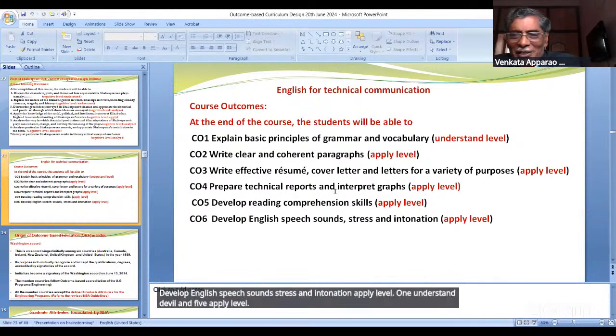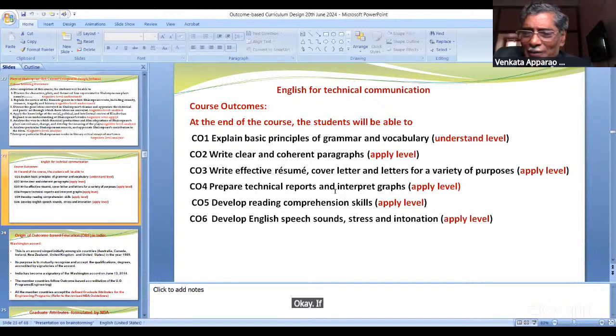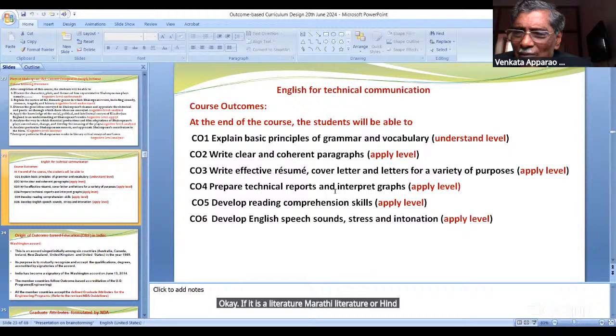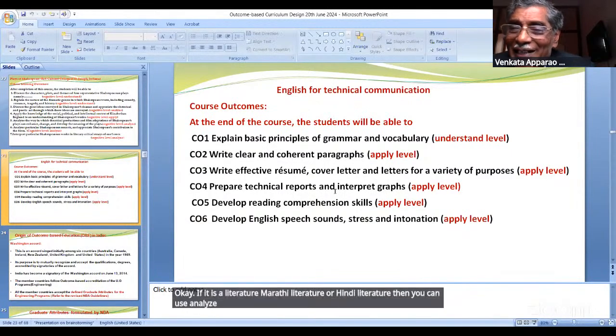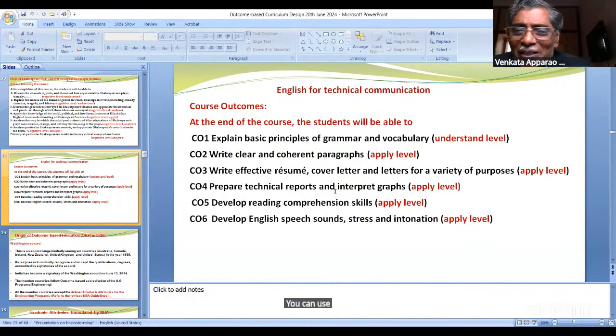If it is literature, Marathi literature or Hindi literature, then you can use analyze level, analyzing the characters, analyzing the style, like that. You can use analyze level for all literature courses. Right?